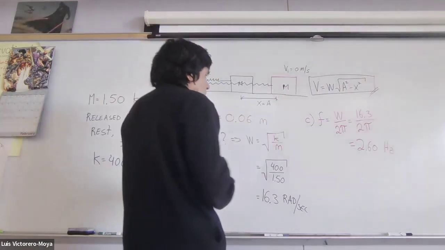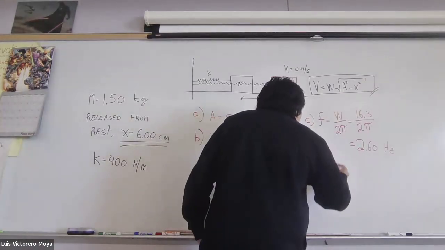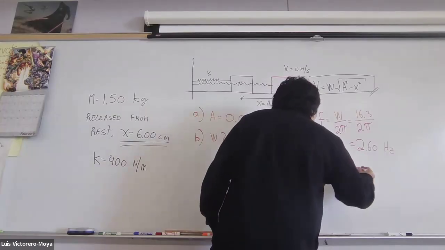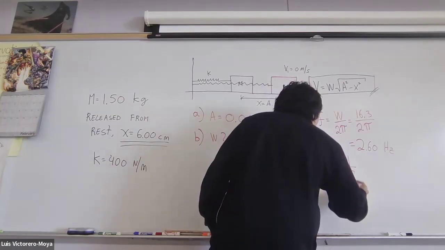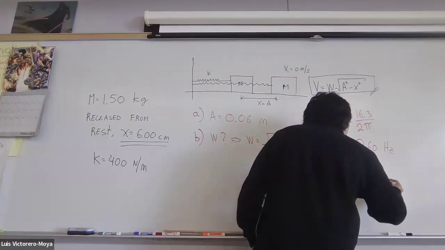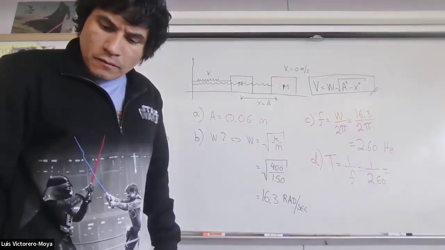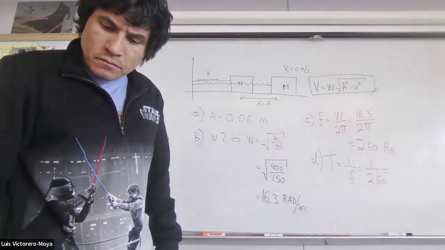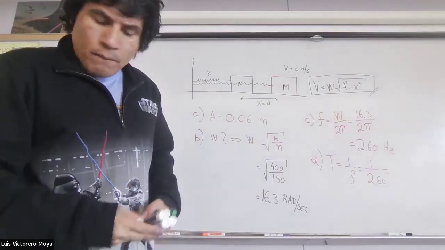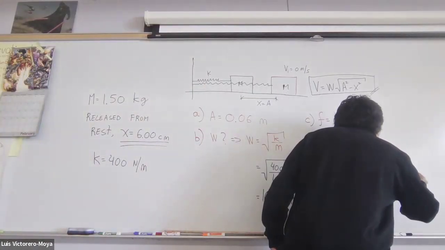The period, the inverse of that. The period, capital T, is 1 over frequency. So 1 over 2.60, which is 0.38 seconds.